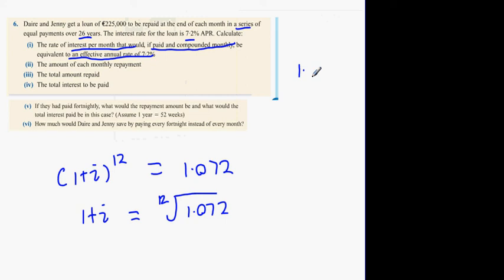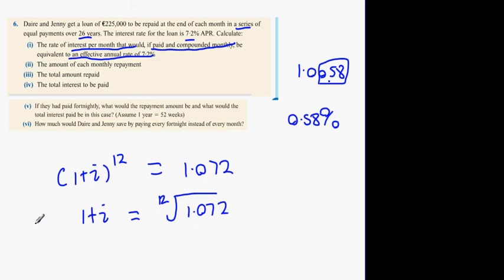So this part here is 0.58%. So this 0.58% is the rate of interest per month that would, if paid and compounded monthly, be equivalent to the annual rate of 7.2.